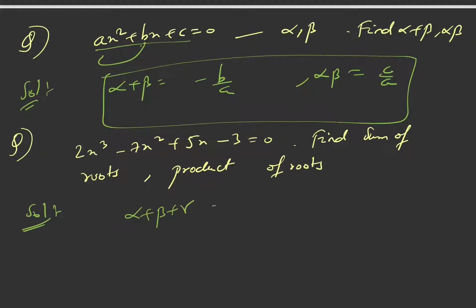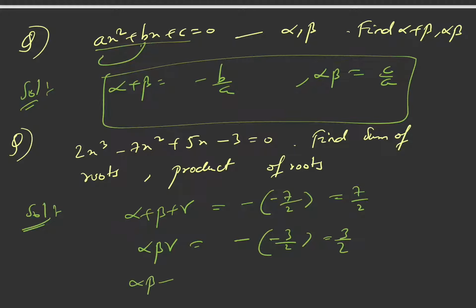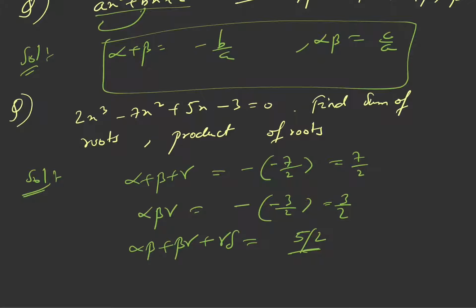How can you find them? Directly we can say that the sum of roots is minus of minus 7 over 2, so that is 7 over 2, and the product of roots alpha beta gamma is minus of minus 3 over 2, which is 3 over 2, right? And if I ask you alpha beta plus beta gamma plus gamma alpha, this will be 5 over 2. Fine.